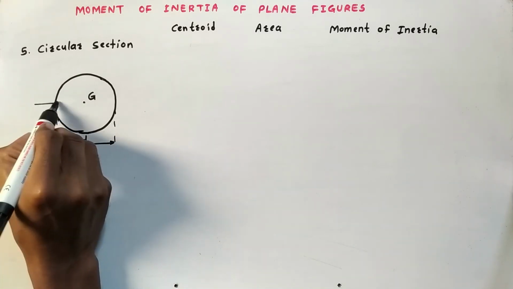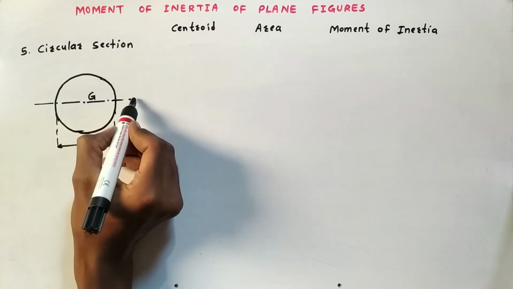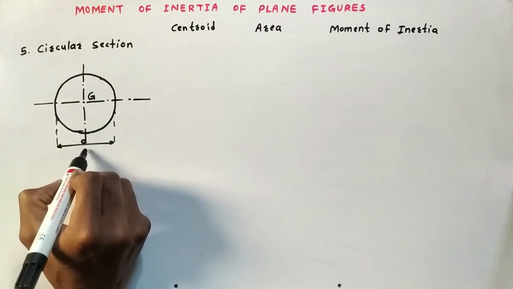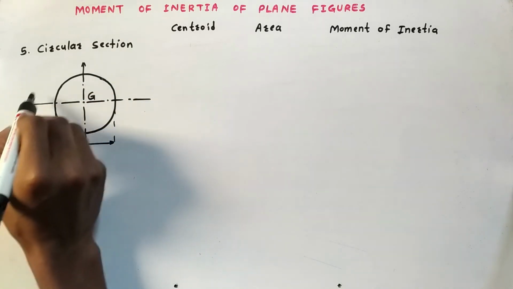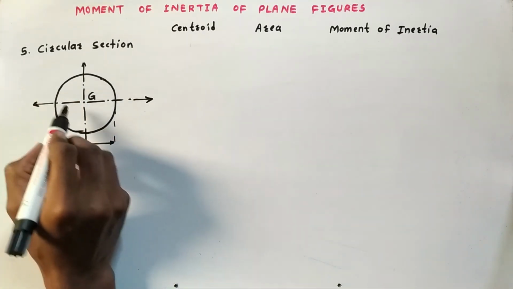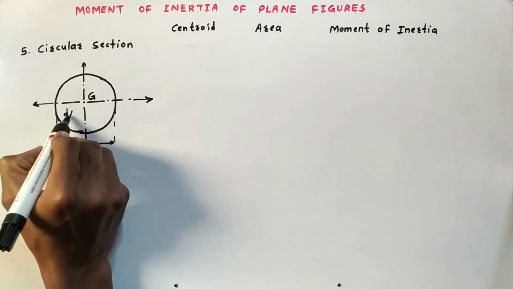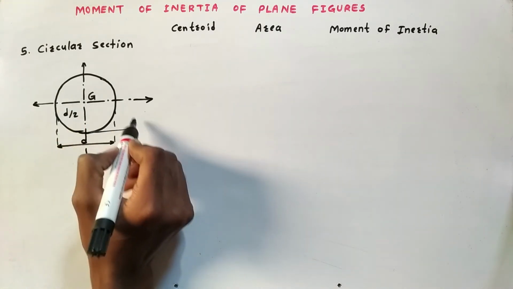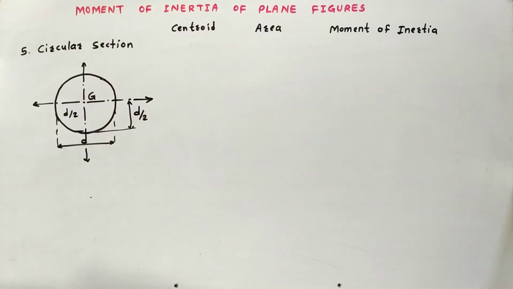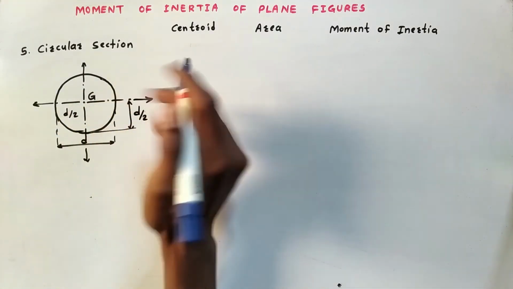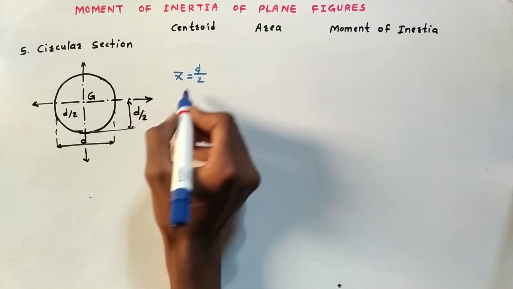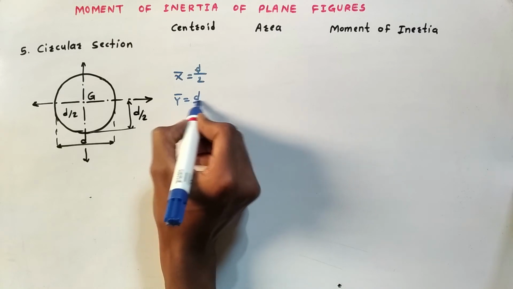Now this is the horizontal centroidal axis and this is the vertical centroidal axis. Now the centroid from this side is d by 2 and from the bottom it is d by 2. So x bar is equal to d by 2, y bar is also equal to d by 2.